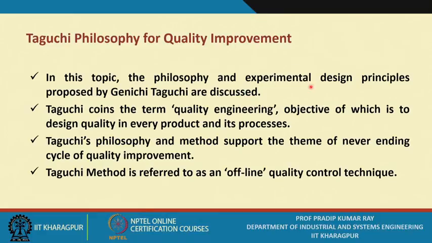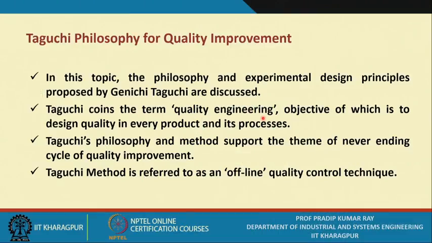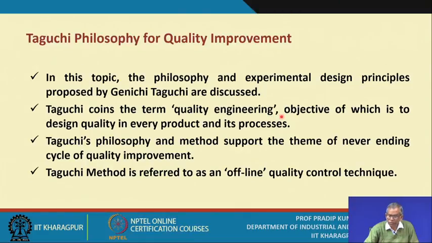that whatever methods he has proposed, these are to be experimentally verified. Taguchi coined the term quality engineering. We have already defined what is quality engineering, the objective of which is to design quality in every product and its processes. So not only are we referring to the product, we are also referring to the processes.